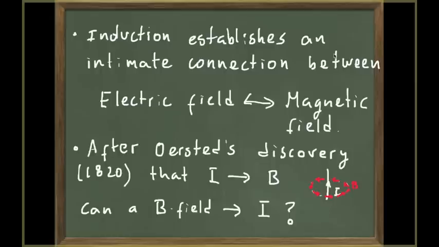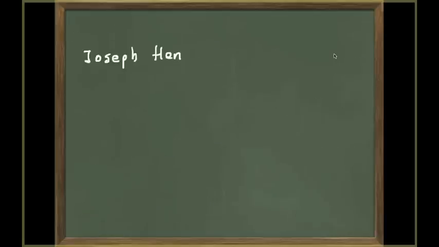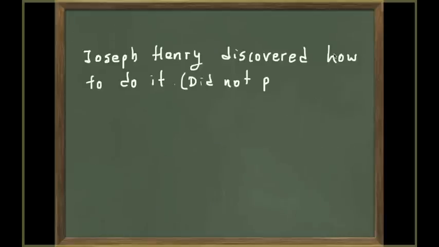Right? That's a very obvious thing to wonder. If one thing produces this other thing, maybe you can use the other to produce the first one, right? So people started to play with magnets and currents, trying to figure out a way to use a magnetic field, say a magnet, to produce a current. And it didn't take too long for people to find a way to do it. The first person to do that was Joseph Henry, an American scientist.